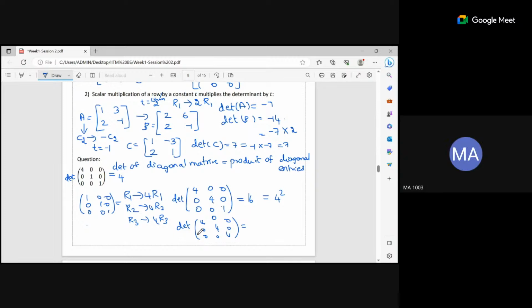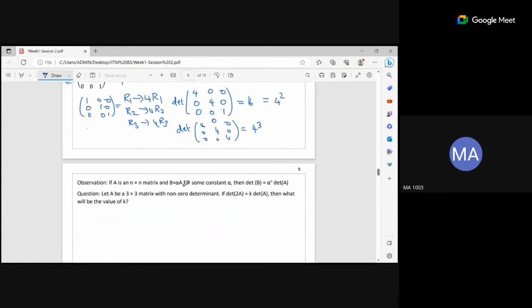Okay. So I guess you have seen a problem like this. What is the observation we see from the previous case? If A is an n by n matrix, and B is alpha times A. Now this matrix is alpha times I. What is your alpha here? 4. So 4 times I. So the determinant of 4 times I is nothing but 4 cube times the determinant of I. Is that correct?